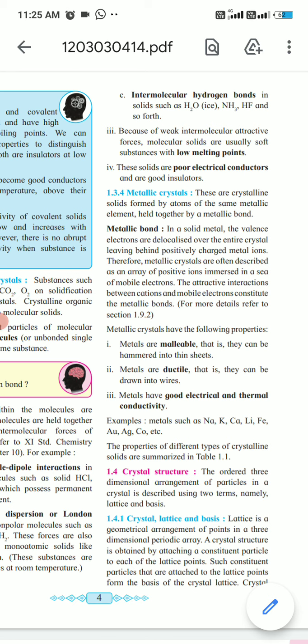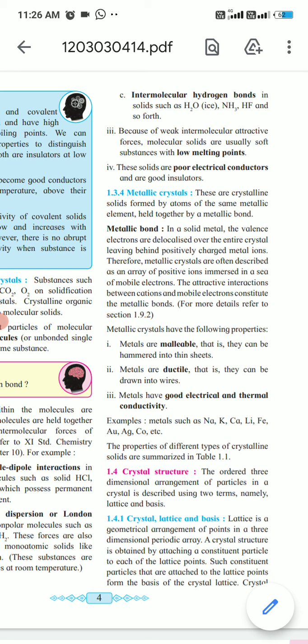Therefore, metallic crystals are often described as an array of positive ions immersed in a sea of mobile electrons. The attractive interaction between cations and mobile electrons constitutes the metallic bond.